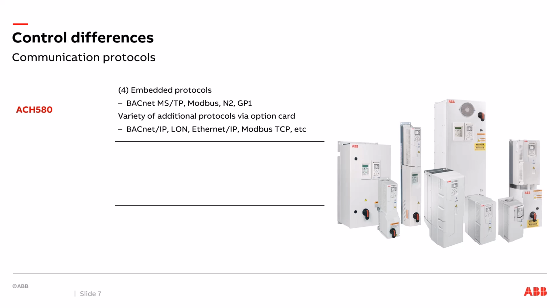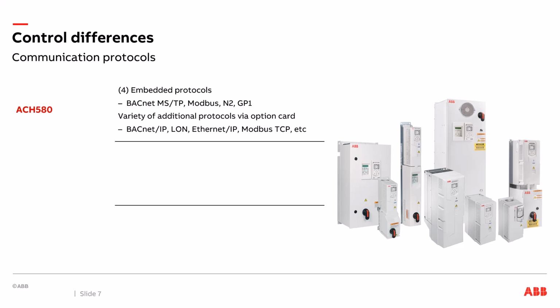The most common one that we'll see will be BACnet IP, but there's also an option card for LAN networks, Ethernet IP, Modbus TCP, and several other communication protocols. So you've got flexibility in what the drive can take as embedded, built-in protocols, in addition to what can be added to the drive via an option card like BACnet IP.